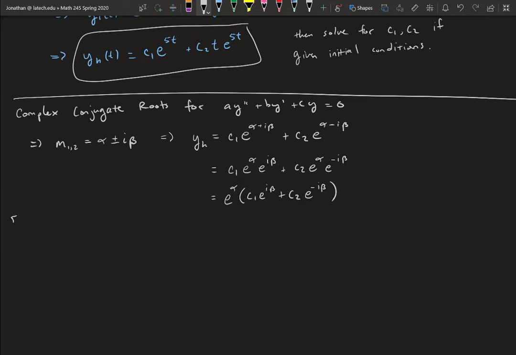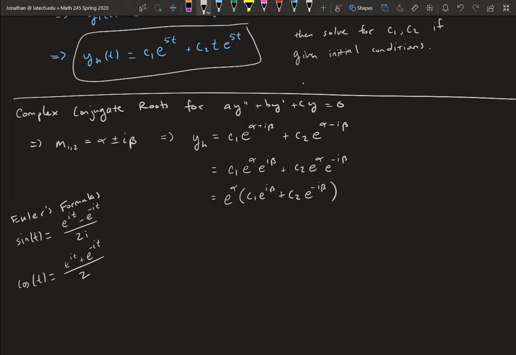So if you remember Euler's formulas, they say that sine of t will be equal to e to the i t minus e to the negative i t over 2i, and cosine of t will be e to the i t plus e to the negative i t over 2.